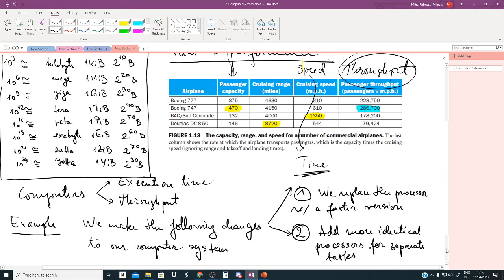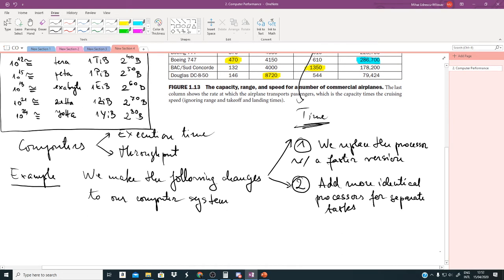Now the question is, with the improvements 1 and 2, respectively, what is improved in terms of throughput and execution times? In other words, what do we improve with 1? We improve execution time or throughput or both? For 2, do we improve execution time or throughput or both?